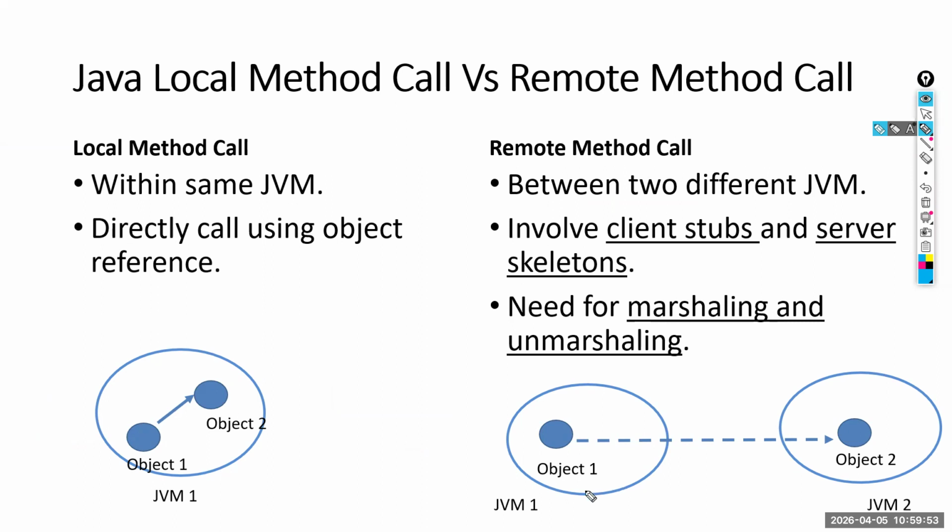But in a remote method call, it's in two different JVMs, or two different machines, or the same machine with two JVMs. Maybe one is in a virtual machine. So if you are calling from one virtual machine to another virtual machine in the same machine, that is also like a remote method call.